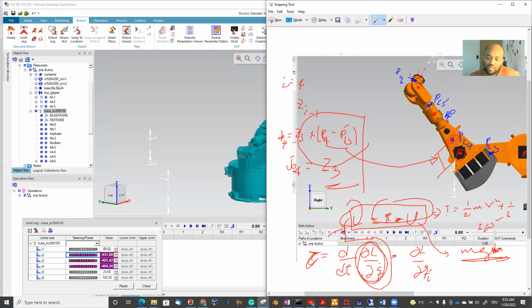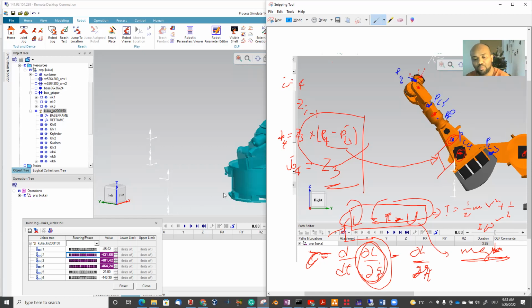The time derivative of the partial derivative of the Lagrangian with respect to the joint velocities q dot, minus the partial derivative of the Lagrangian with respect to q, gives you the force or the torque that the robot joint applies.